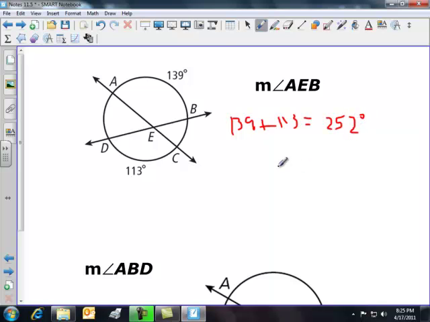But then remember, it's not just the sum of those two. That would actually be half of that. So for the measure of AEB, we're going to take half of 252. There's still 2 there. That would be equal to 126 degrees.